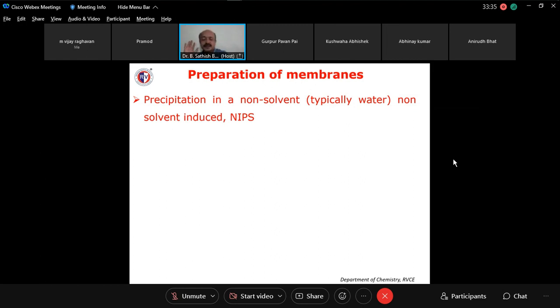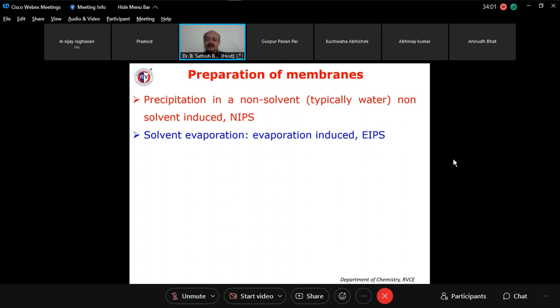The first method is the NIPS method, and the second method is solvent evaporation. So that means you just have to dissolve this polymer in one volatile solvent. Okay, you spread it in the form of a membrane on a substrate. Then you just evaporate the solvent.